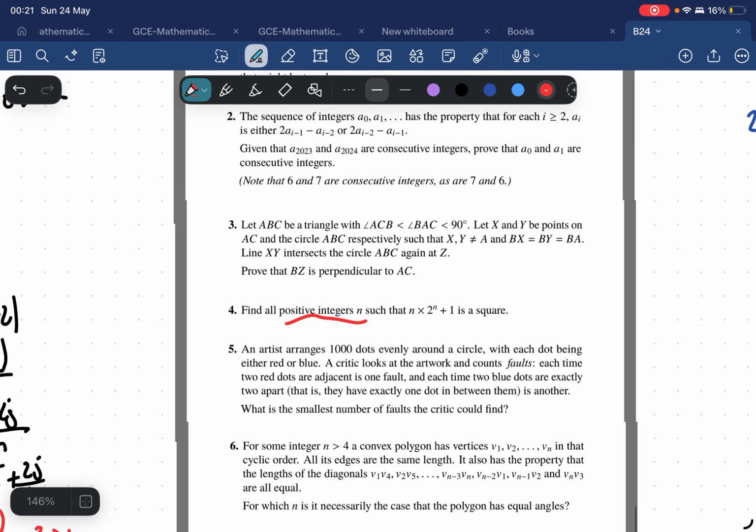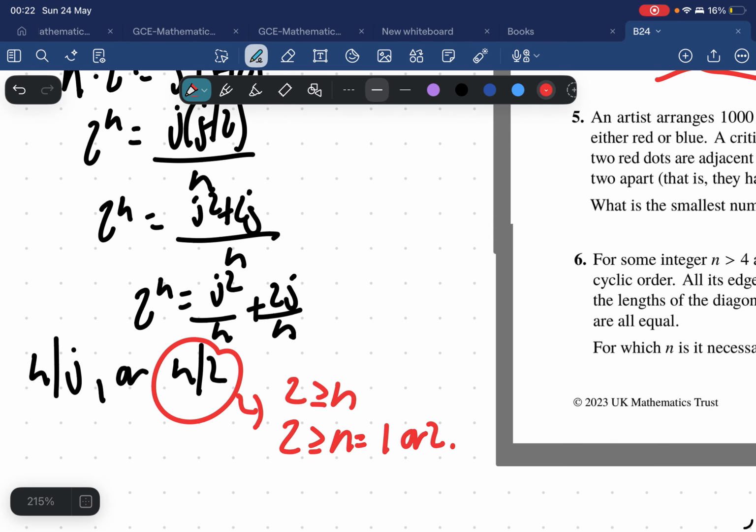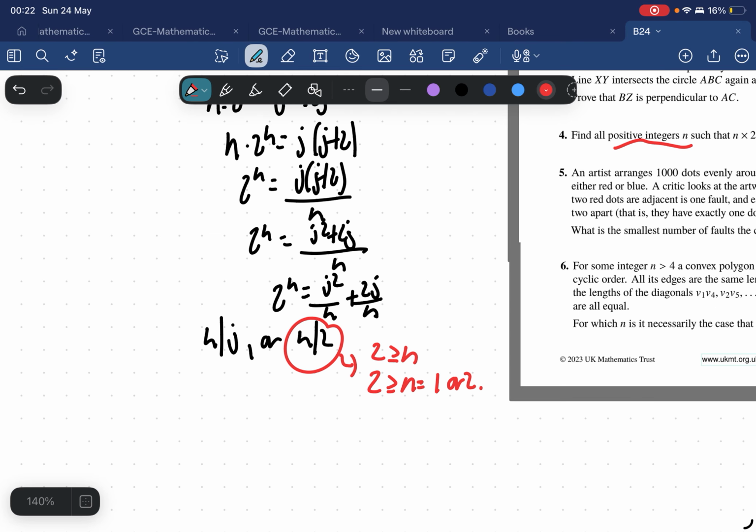No. 2, 4. Why could it be 1, 4? Why could it be 1? What am I missing?